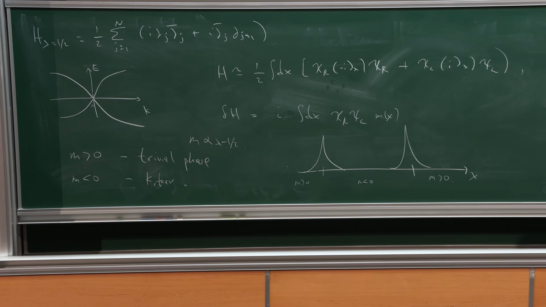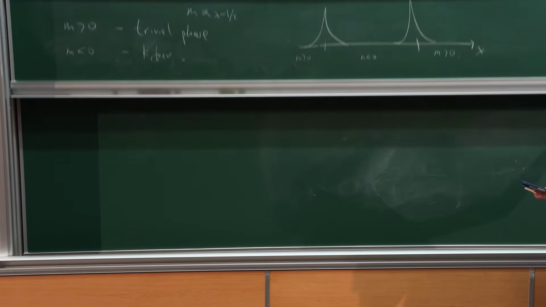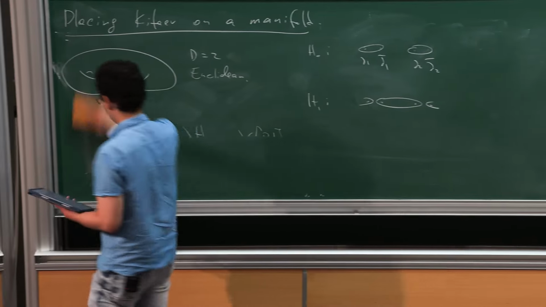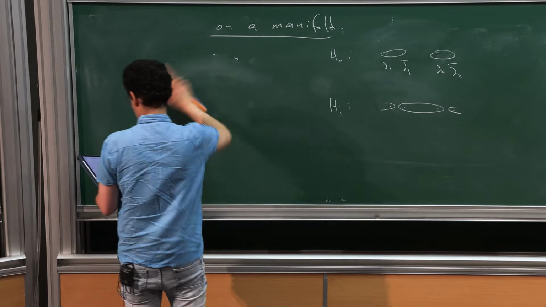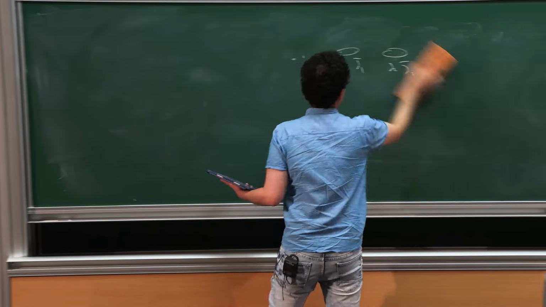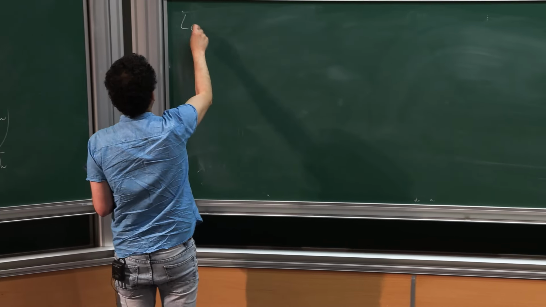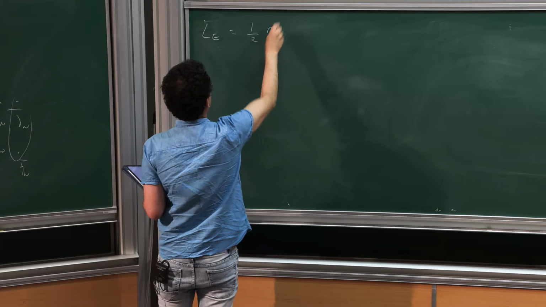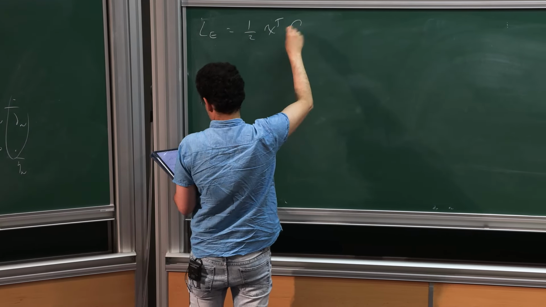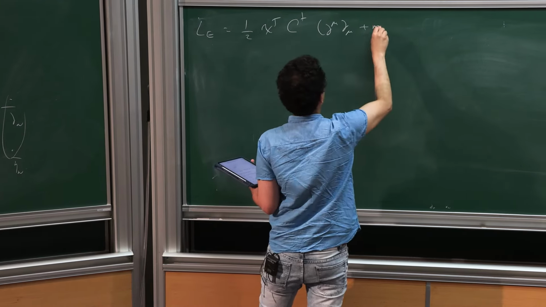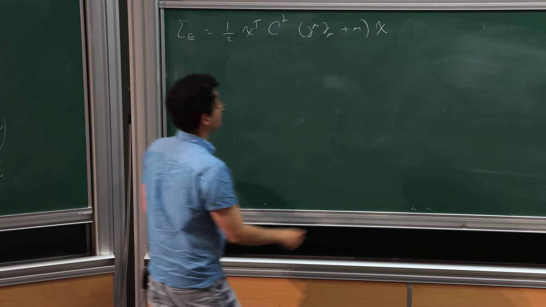the Lagrangian. Write it like this: chi C dagger gamma mu d mu plus m chi. So I'm writing a Lagrangian instead of a Hamiltonian.